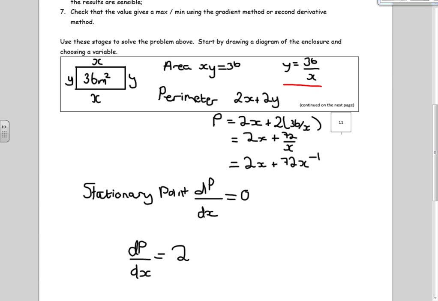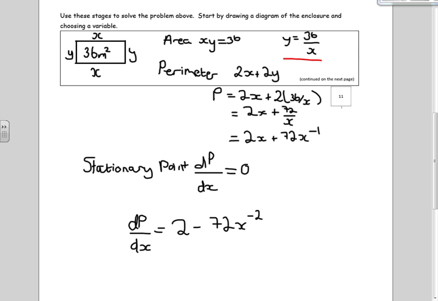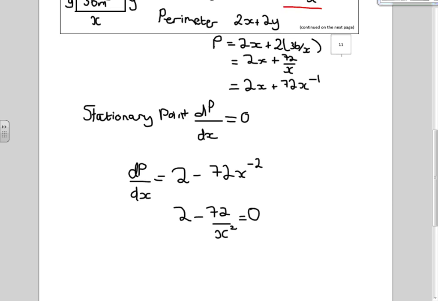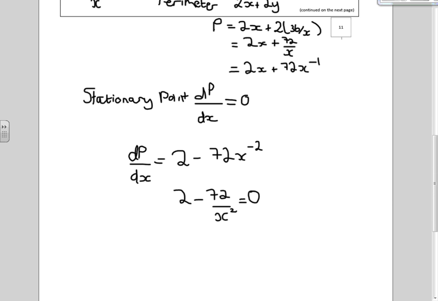And then multiplied by the power again, that'd give us minus 72x to the minus 2. So we want to find where 2 minus 72 over x squared is equal to 0. So I'm going to move the 72 over x squared to the other side, which will give us 2 equals 72 over x squared.